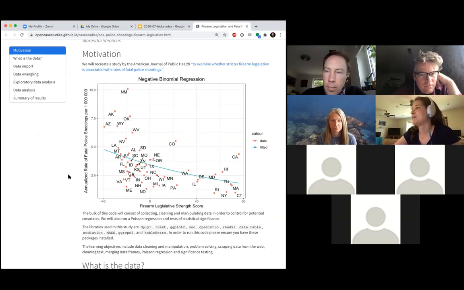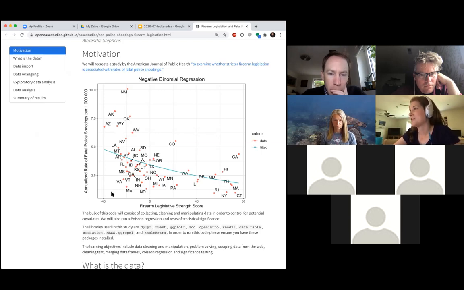And so we're going to be using negative binomial regression. We're going to be introducing the concepts of data wrangling, data exploration, and the methodology we're going to be introducing is negative binomial regression. And we want to be able to show that if the strength of firearm legislation at the state level is small, then it tends to have a higher rate of fatal police shootings.